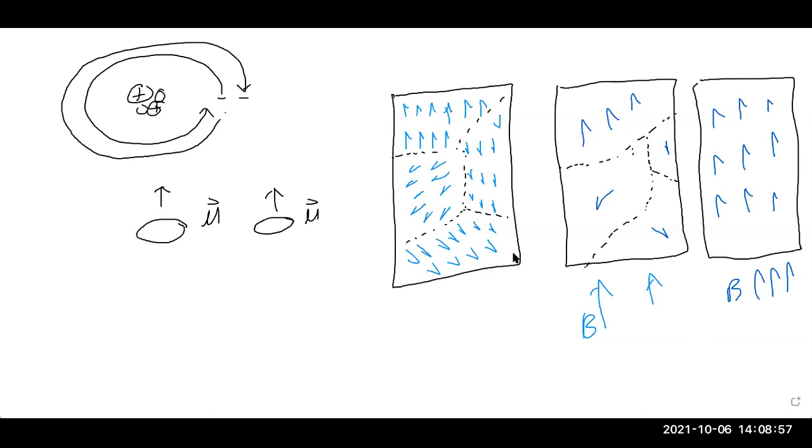Yeah, so the area that the magnetic field exits from is north, and the one where it enters is south. So this would have a north and south pole, absolutely.